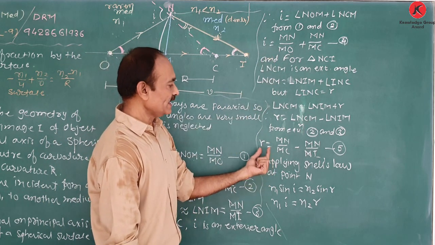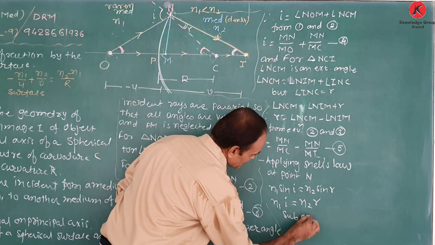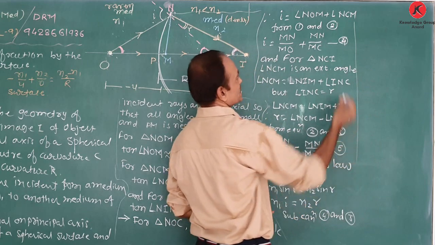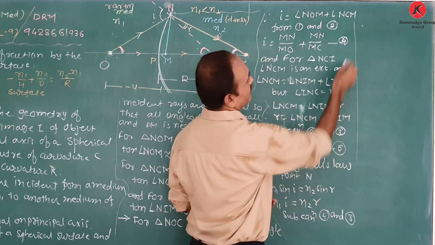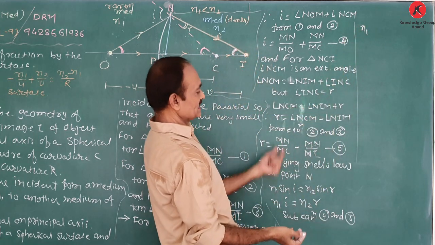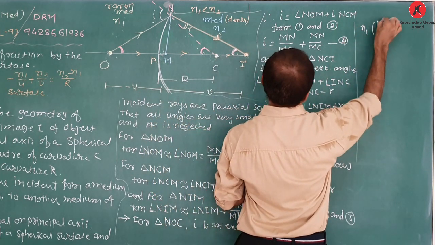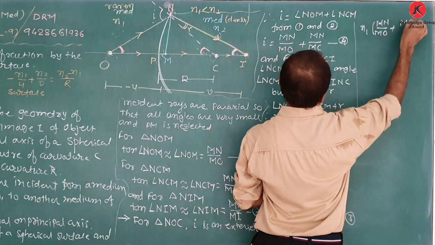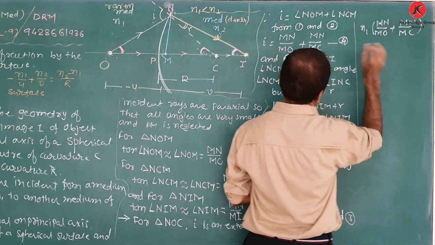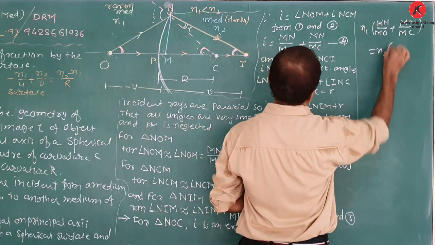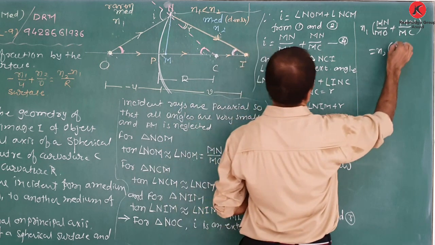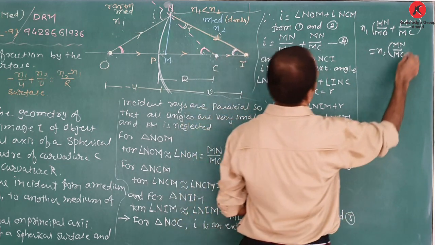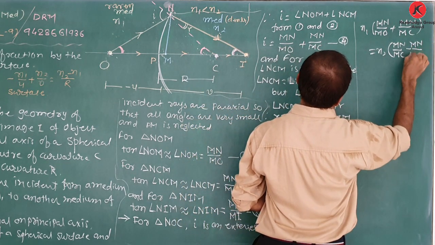Substitute the values of i and r from equations 4 and 5. Here, n1 times the value of i, which is Mn upon MO plus Mn upon MC, is equal to n2 times the value of r, which is Mn upon MC minus Mn upon MI.